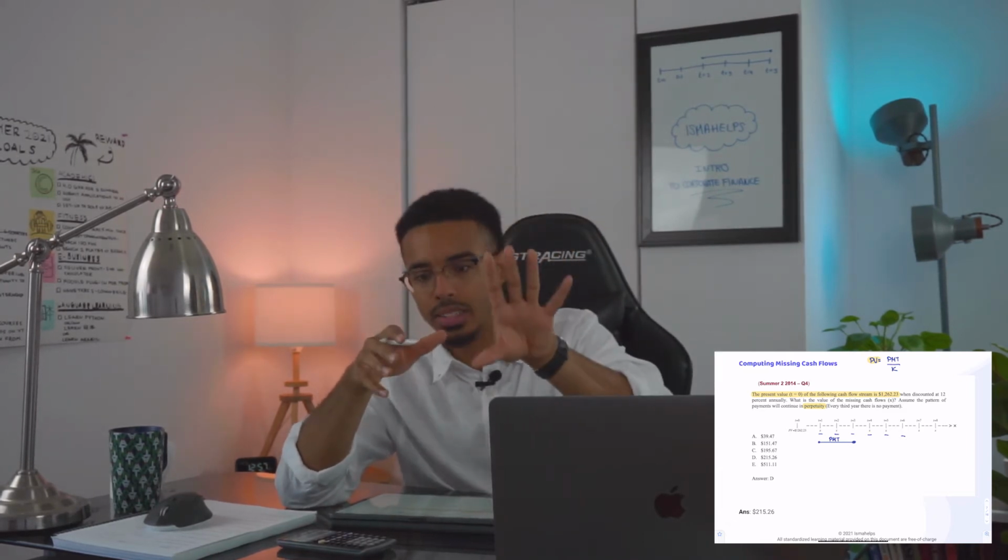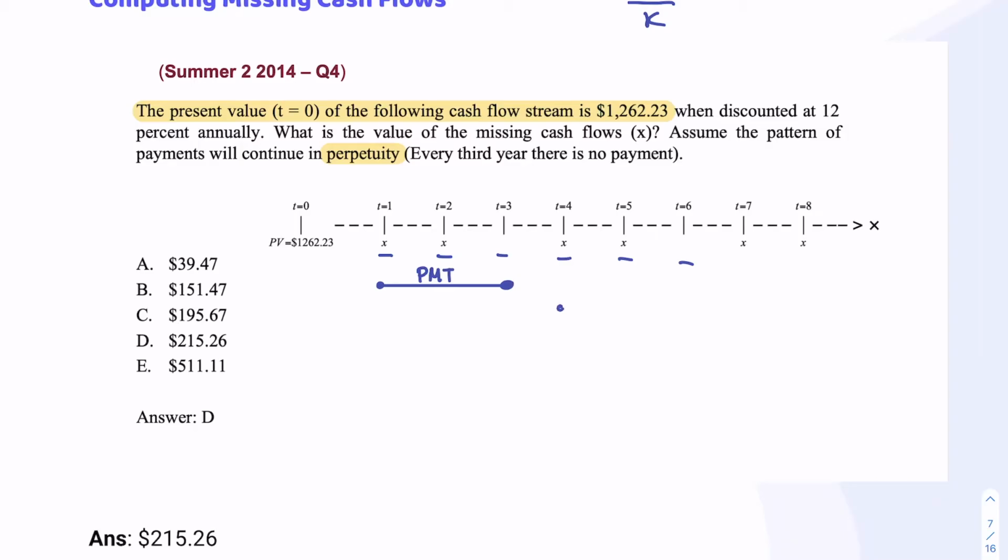And with that idea, we could also say that XX right here is also a payment, okay? And with that being said, what I said is that we could group different set of cash flows at T0, T1, T2, and T3 into one singular payment.